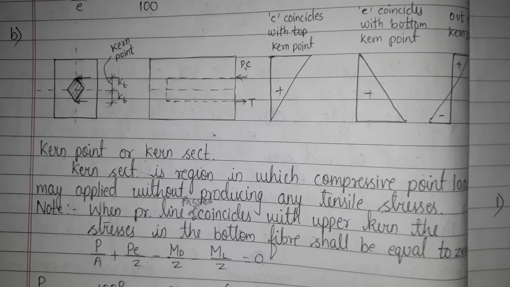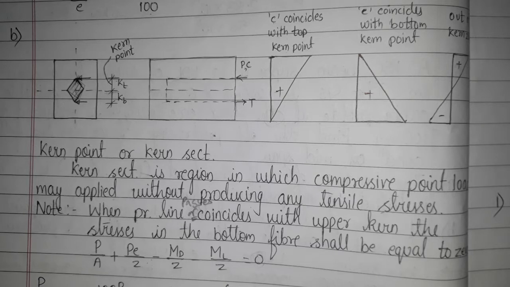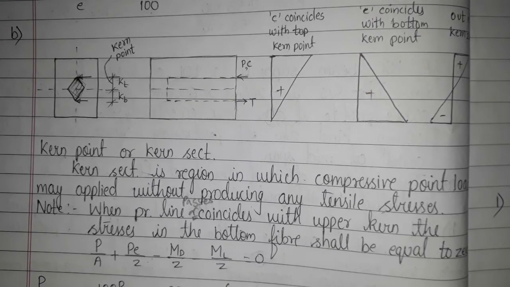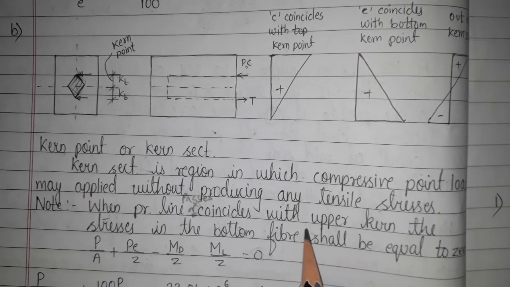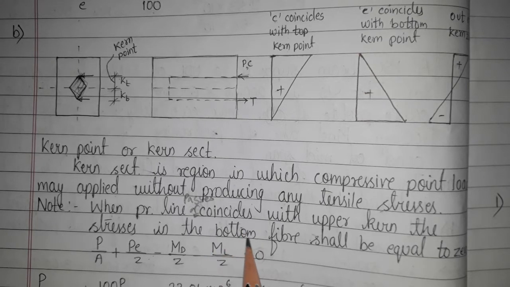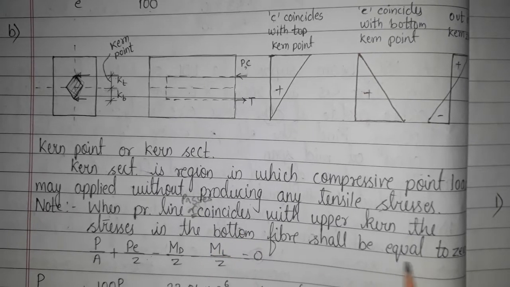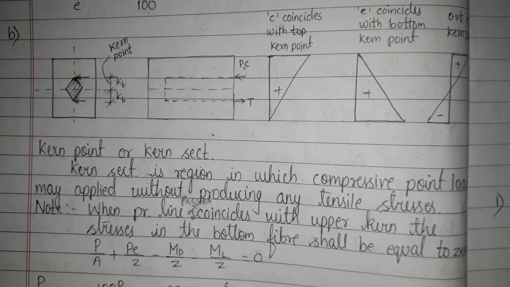Understood? Or vice versa. If they say in the problem that the pressure line is passing through the bottom kern point, then you have to make a change here. What you have to change: stresses in the top fiber shall be equal to 0. Here what they have given is the bottom fiber.